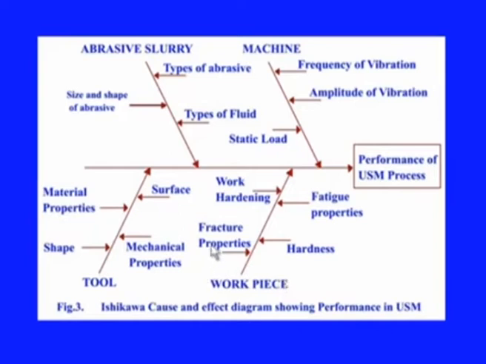Then workpiece related parameters are work hardening, fracture properties, hardness, etc. These process parameters that affect the performance of USM can be arranged in these 4 categories: abrasive slurry, machine, tool, and workpiece based parameters.